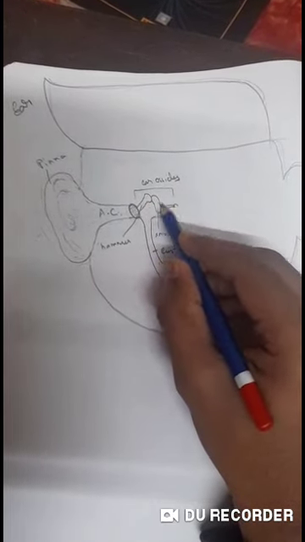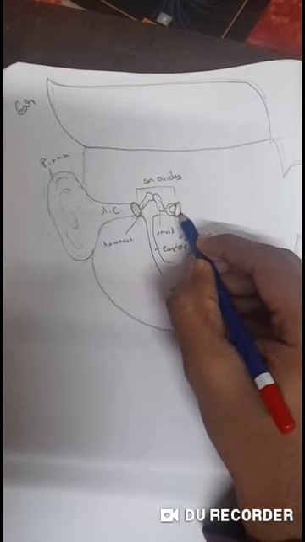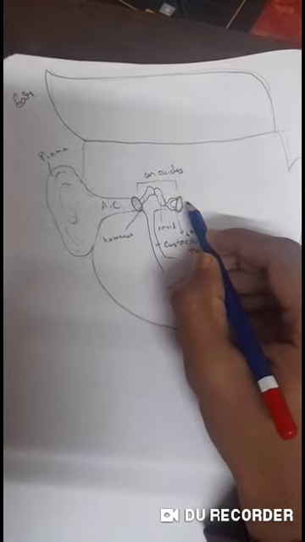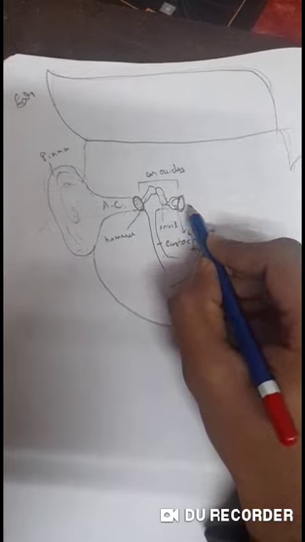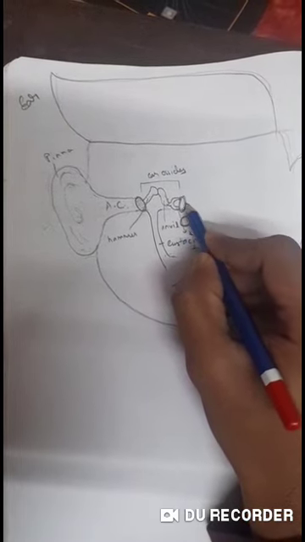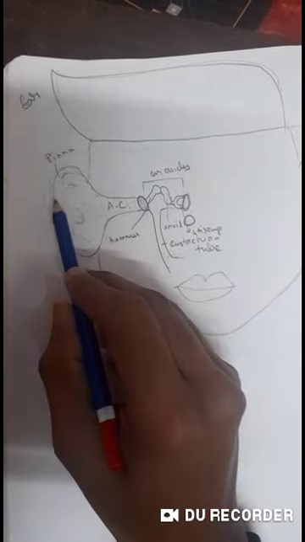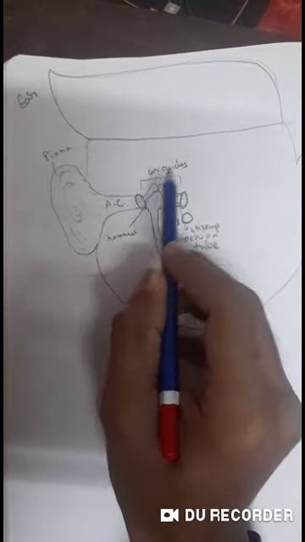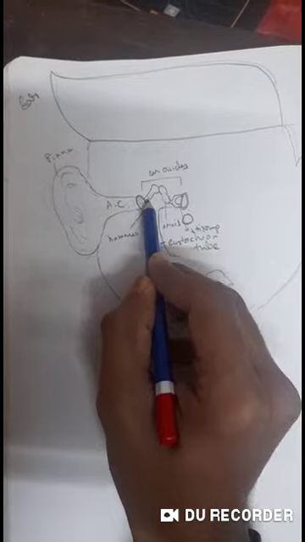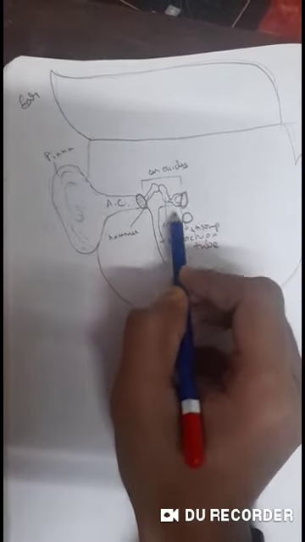This stapes is connected to the oval window, the oval shaped window, and below it we have a round window. This is the oval window, this is the round window. So from here to here is the outer ear, and from after the eardrum to the stapes and the eustachian tube, this is the middle ear.